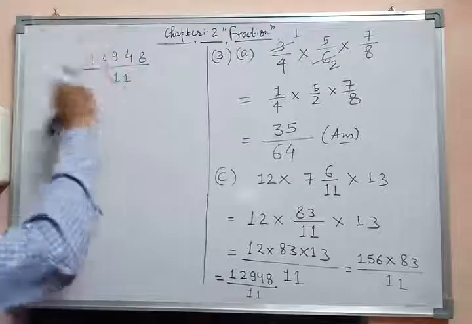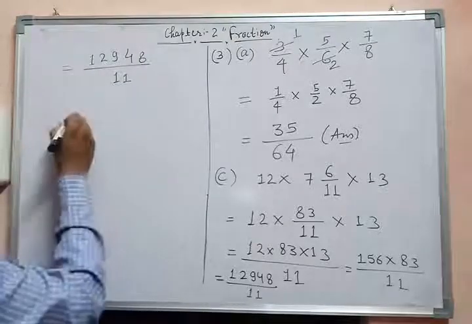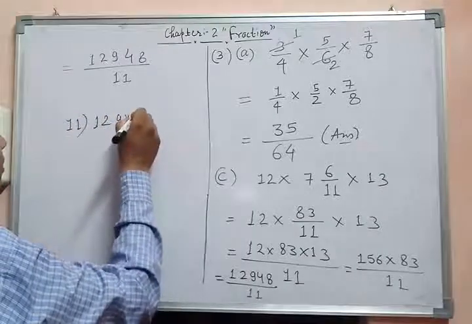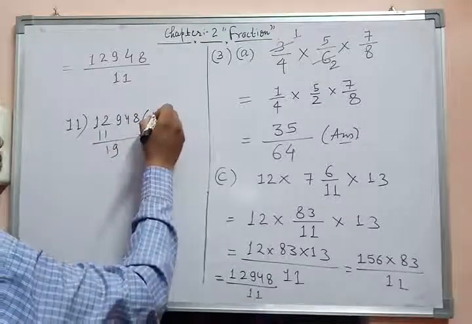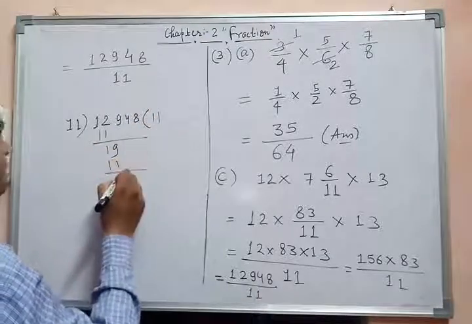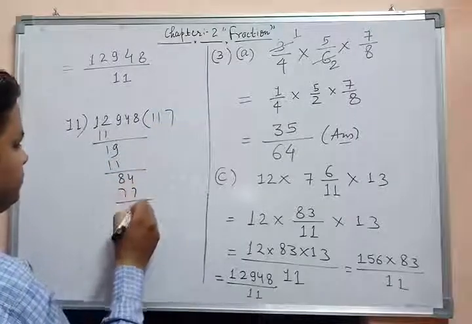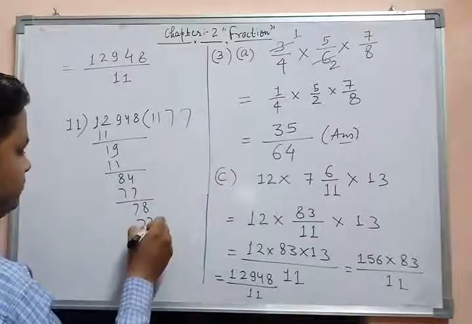You have to change this improper fraction into a mixed fraction. First of all you have to divide. 11 ones are 11, then we will get 19, 11 ones are 11, then we will get 84, 11 sevens are 77, 7 is the remainder.